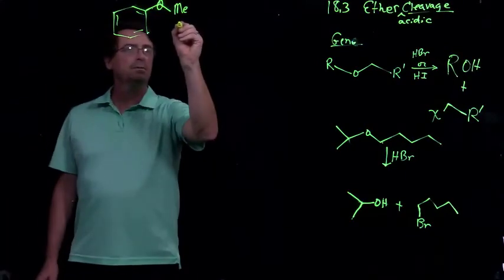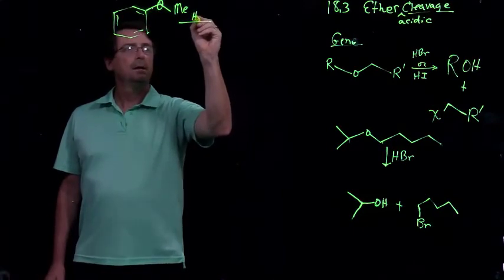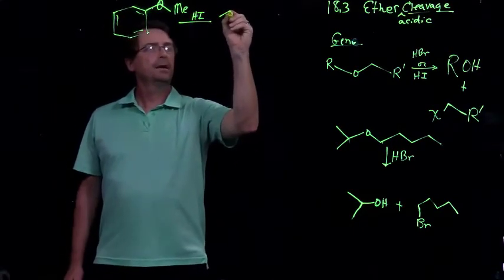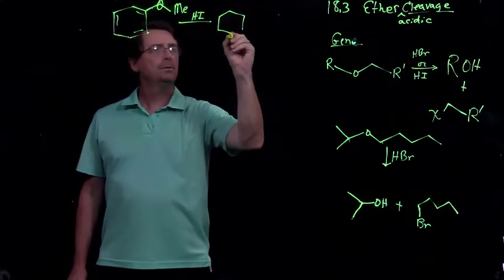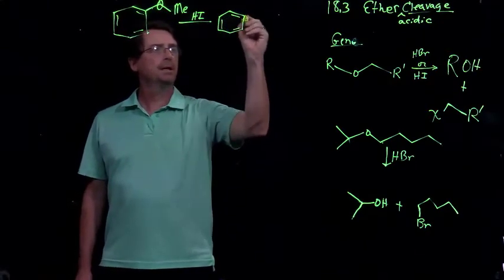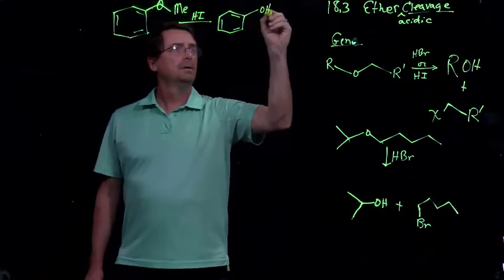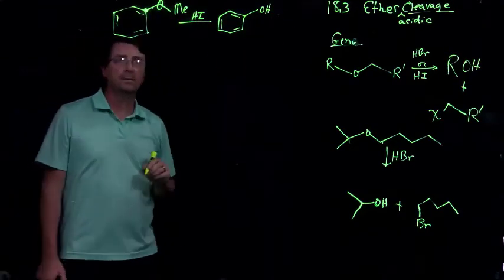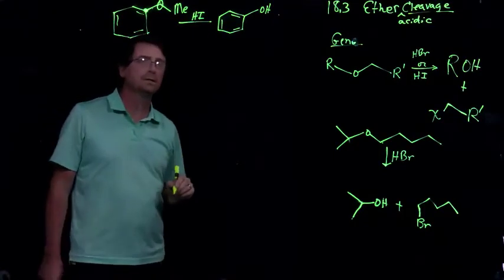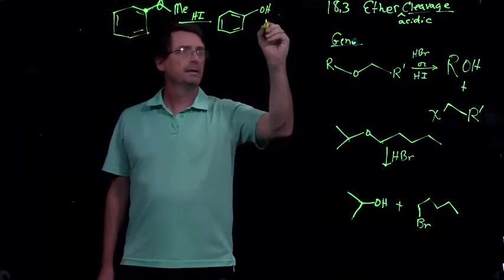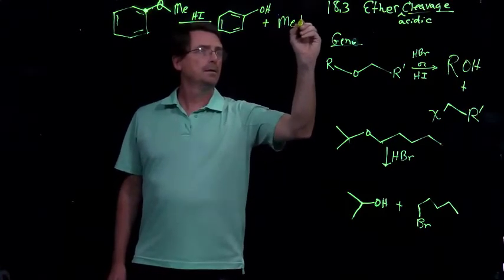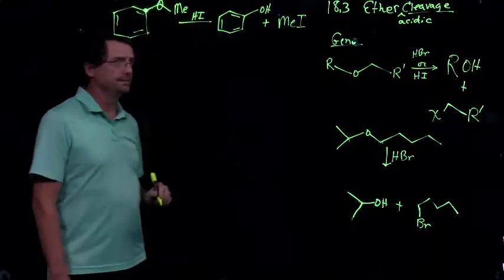If we treat this with HI, now in this case, we can't do nucleophilic substitution at an sp2 carbon. The alkyl halide can't attack there. We can't do nucleophilic substitution there. So we get the aryl ether, and in this case, methyl iodide.